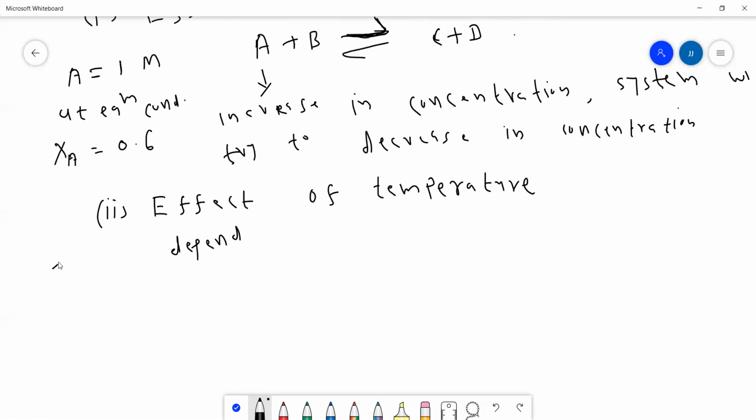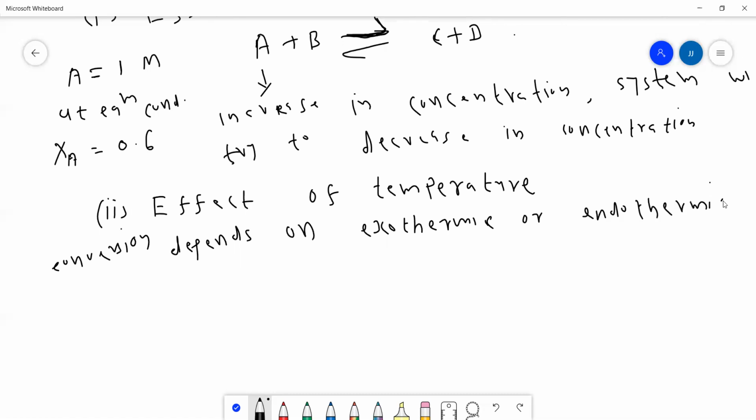conversion depends on whether it is an exothermic or endothermic reaction.